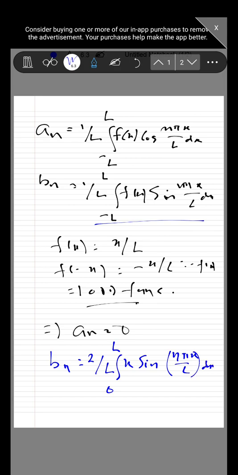So what we have done is that we replaced x by x by L, so dx will be dx by L.